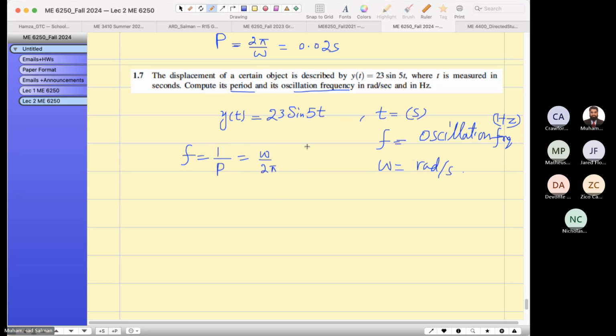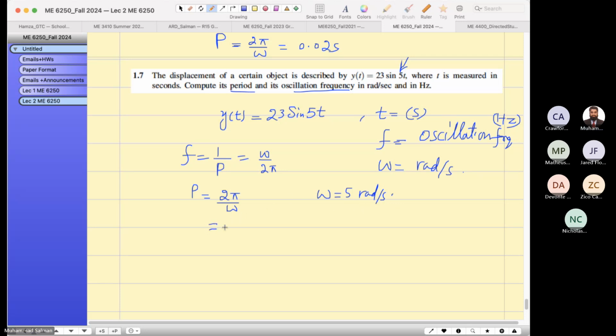So now the question is compute the time period. So I'm going to show you the time period is 2 pi over omega. Omega from here, it is written in the argument of the sine, which is 5. Omega equals 5 radians per second.